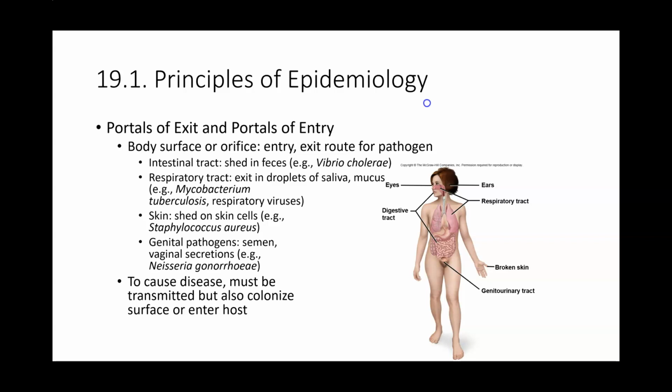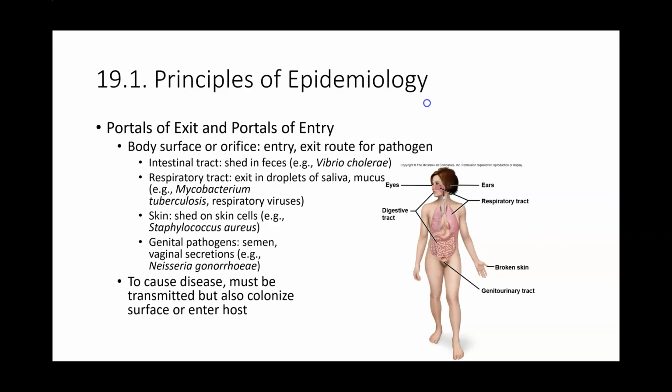Example: shigellosis is often brought into the body through undercooked meat, and it exits the body through severe diarrhea.